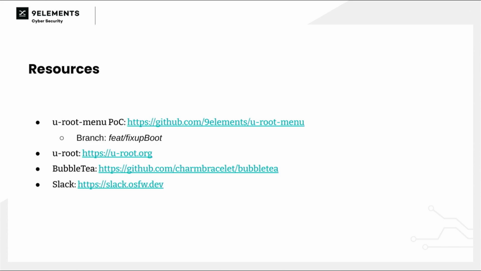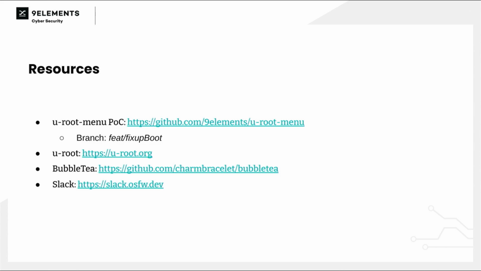If you want to know more about u-root, there's a website, u-root.org, which you can check out and have a closer look at too. You can have a look at BubbleTea, which is the terminal UI library that you can use for building such menus. And you can join our Slack, an open source firmware Slack.